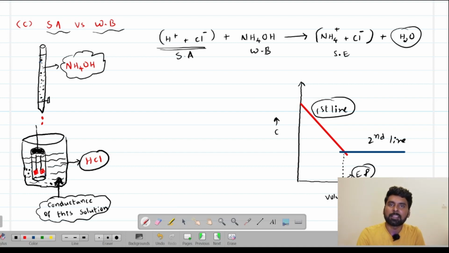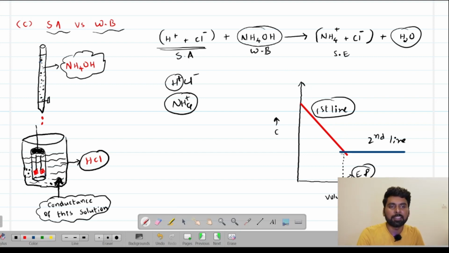Initially strong acid HCl is there, chloride ions are as usual, high mobile H plus ions are replaced by low mobile NH4 plus ions during the titration. Number of H plus ions are decreasing, number of NH4 plus ions are increasing till the endpoint. That's why conductance decreases.